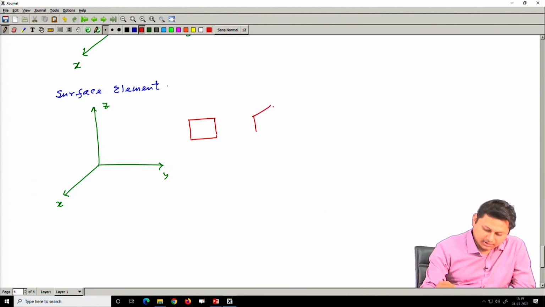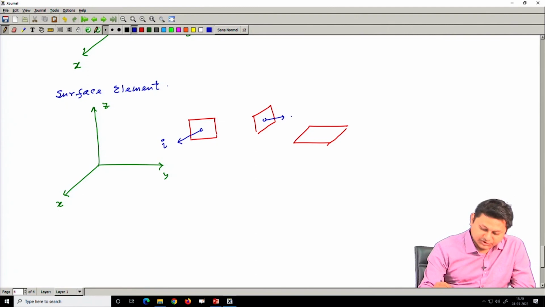Another surface you can have this, and another surface this. This surface is where this is my i direction, this is my j direction, and this surface is my k direction.